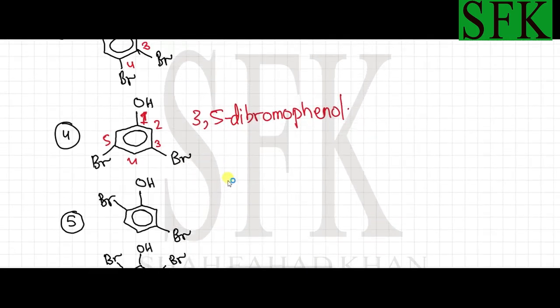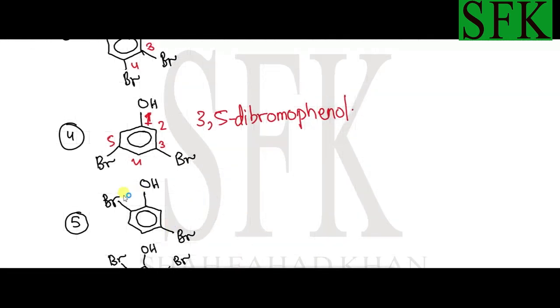Now coming to the next compound, again an isomer. So 1, 2, 3, 4, 5, 6. This is the numbering in the anti-clockwise direction, and let's number it in the clockwise direction as well. 1, 2, 3, 4, 5, 6. Now, which of the two numberings are we going to take?